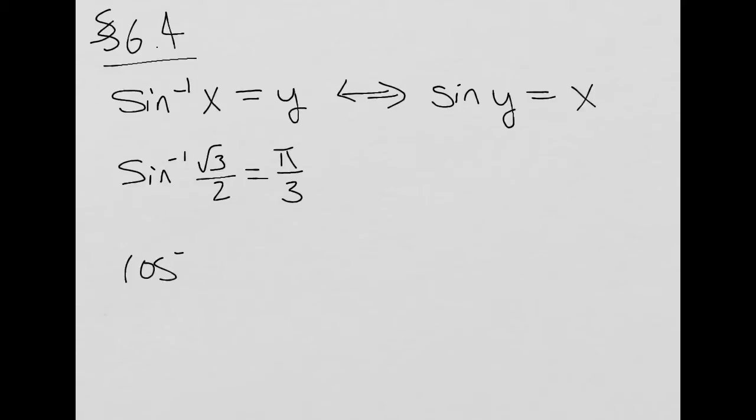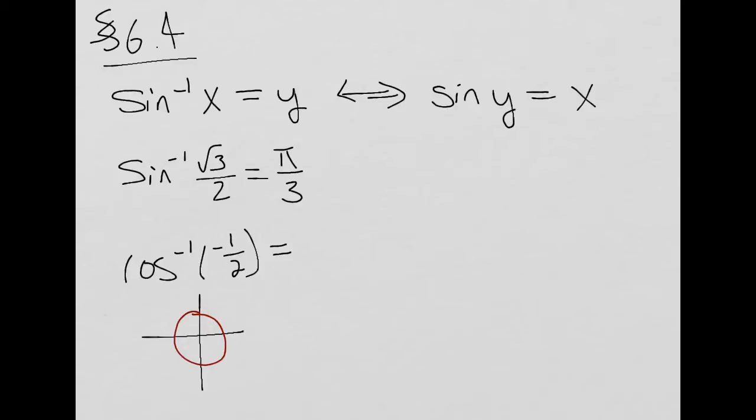Similarly, if I had the inverse cosine of negative 1/2. Well, now here's where it gets a little tricky. We might want to draw our unit circle. It's a quick reference check. Now, the cosine of pi over 3 is equal to 1/2. But I'm looking for the cosine inverse of negative 1/2.